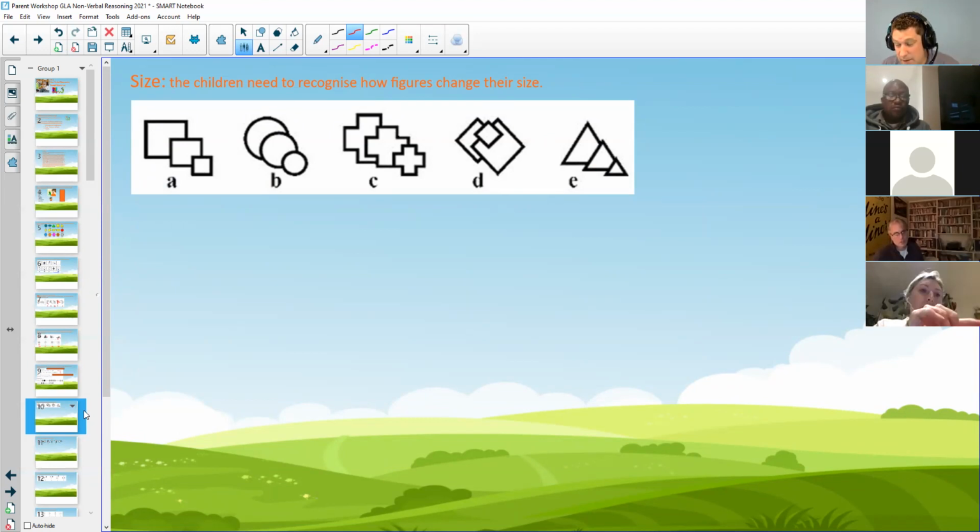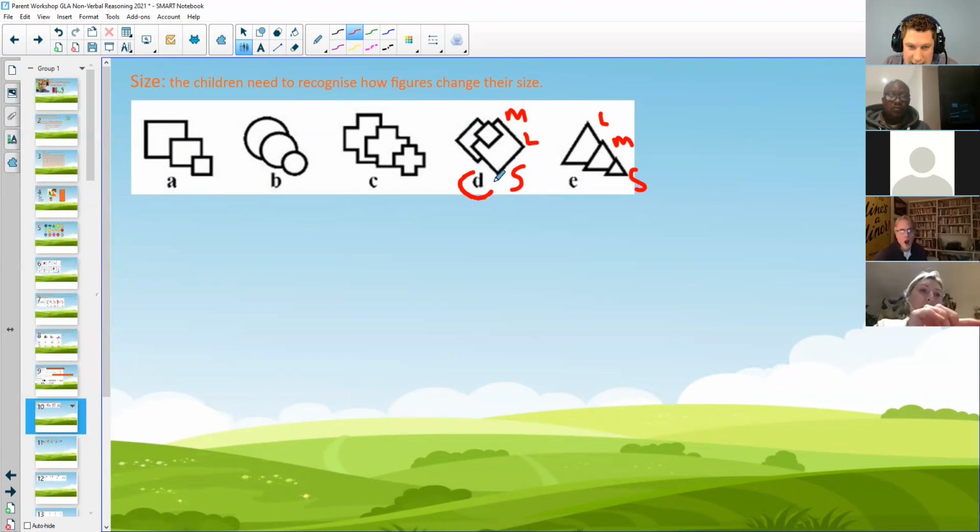And this is something that they do need to look out for, have the shapes been varied. This one is very, very simple. And in actual fact, it doesn't necessarily relate directly to size. It's actually more about the order of the shapes. So you've got a large, a medium, and a small. But you've probably noticed here, this one goes medium, large, small.